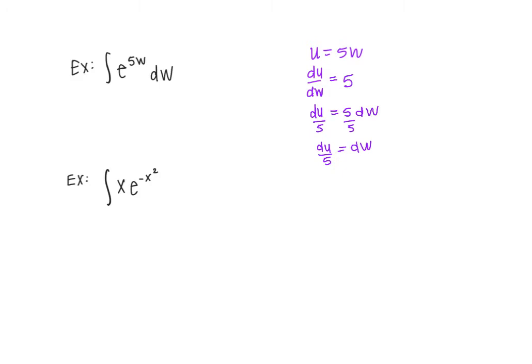So now I can do the substitution. e to the u, and then du over 5. Well, I have this random constant now that doesn't cancel. So what I'm going to do is rewrite this as e to the u times 1/5 du.